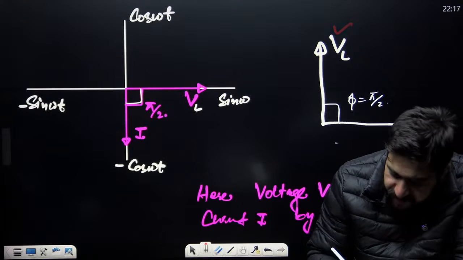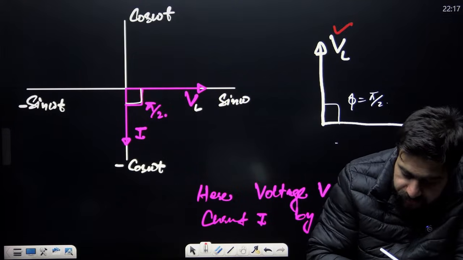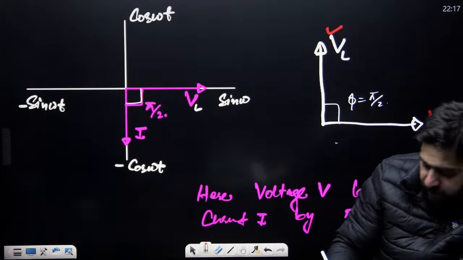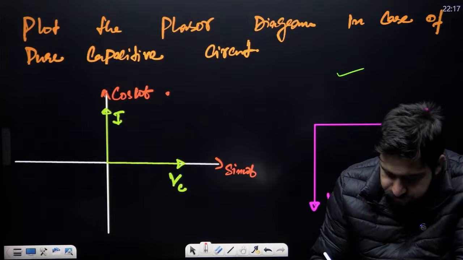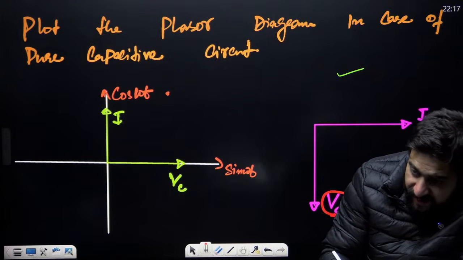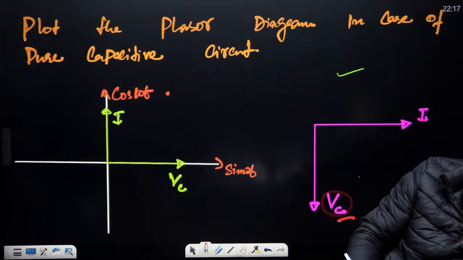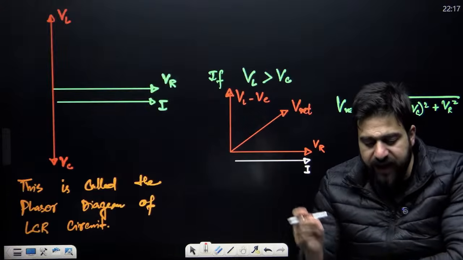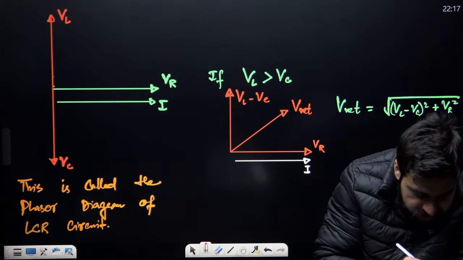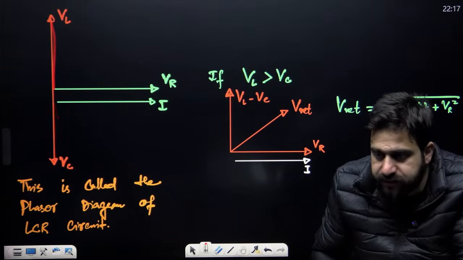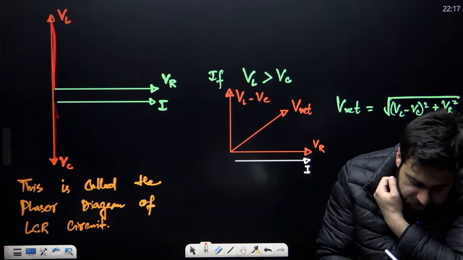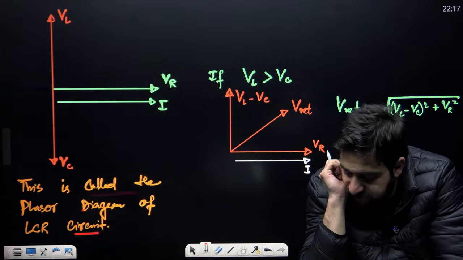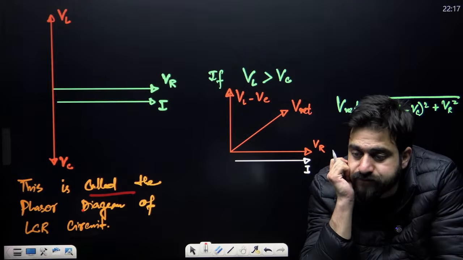VL leads current by pi by 2. And VC lags current by pi by 2. So this will be from upper side, this will be from lower side. This is called the phasor diagram of LCR circuit.